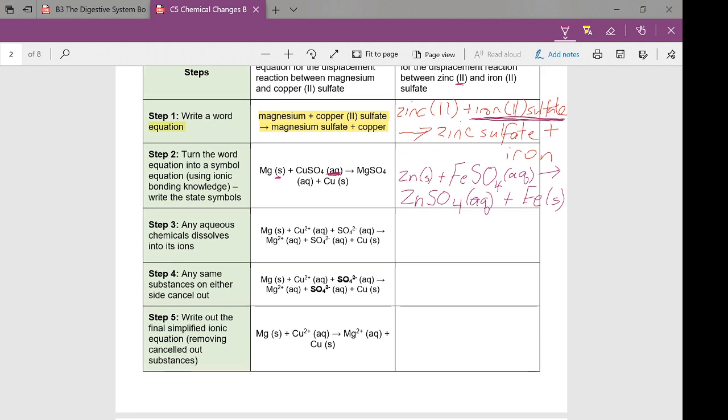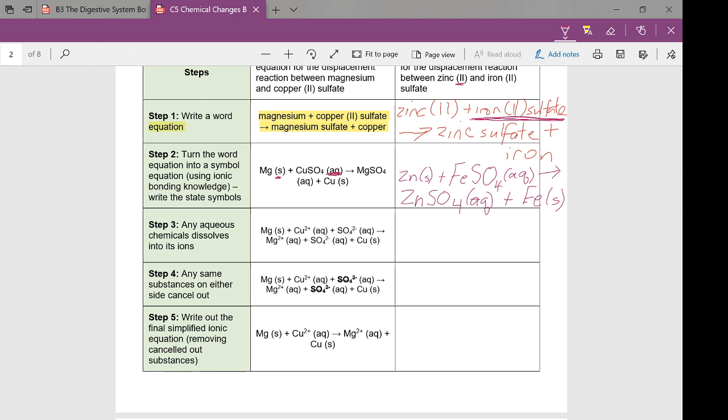Now, because the aqueous compounds are dissolved, that means that they get split apart back into their individual ions. Remember when we learned about ionic bonding, and you guys also did a prac to show that when you had table salt and you dissolved it, that can actually conduct a charge because all of the ions are moving around.